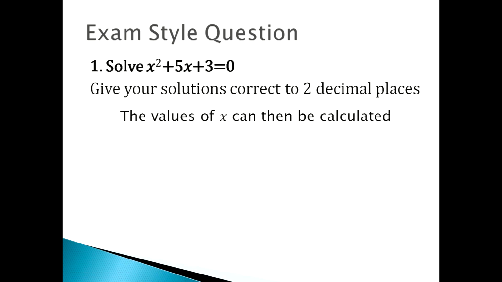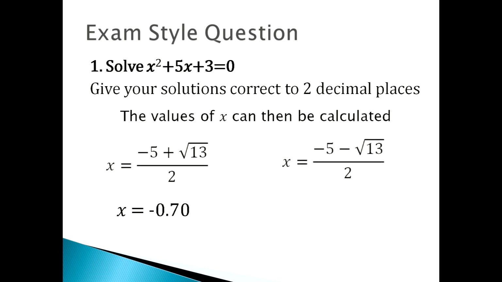Now the values of x can be calculated. We'll look at this one first: x equals minus 5 plus the square root of 13, all over 2, and that is equal to minus 0.70.